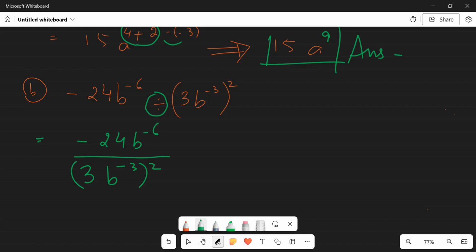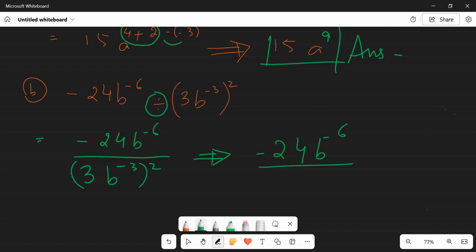Now tell me what we will do now. The bracket, right? The parenthesis. Where is the parenthesis? In the denominator, so in the denominator you just open it. So minus 24 over, now this 2 is a power with this whole entire bracket.